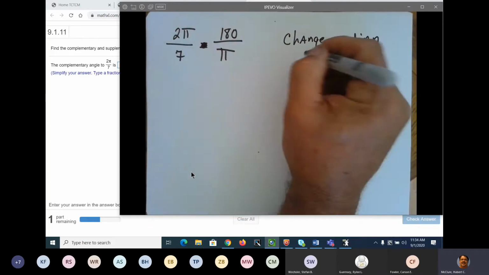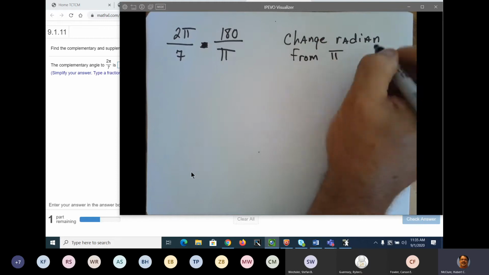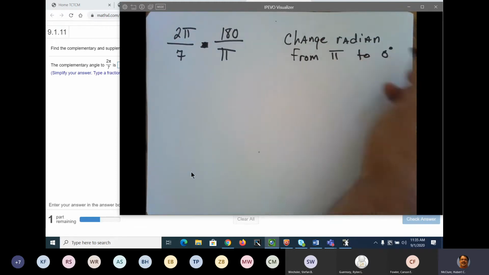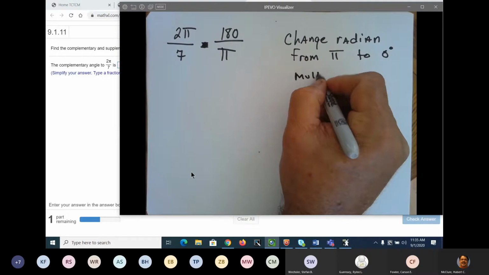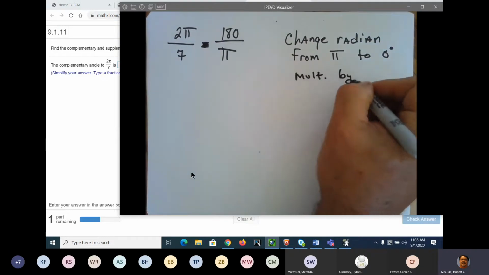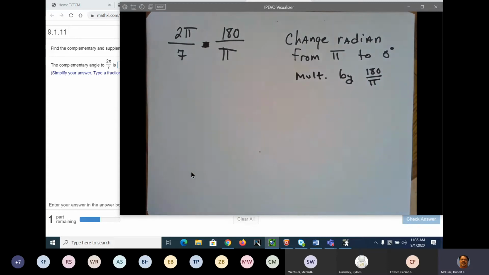To change a radian from pi to degrees, multiply by 180 over pi. Or just remember, you got to get the pi's to cancel.